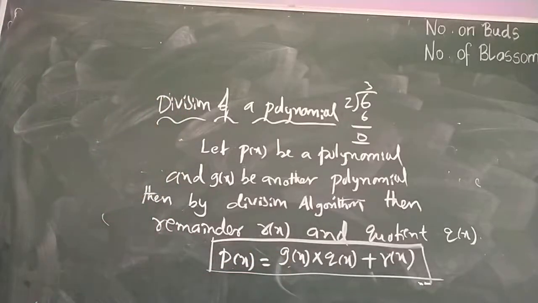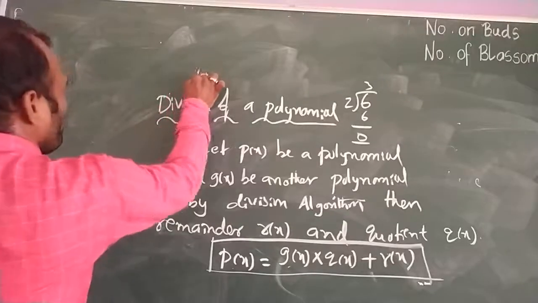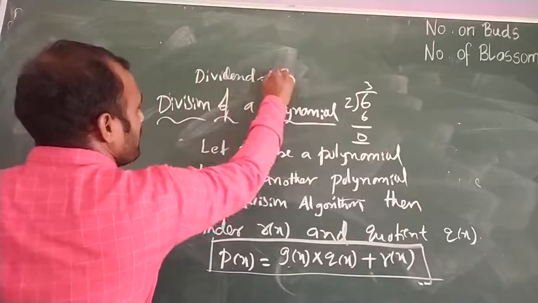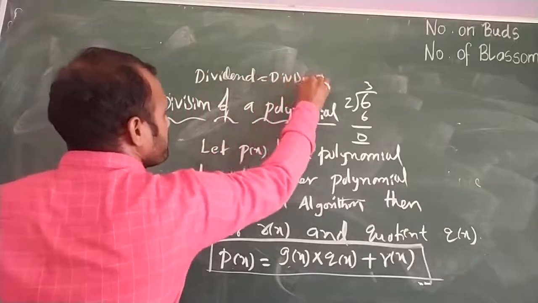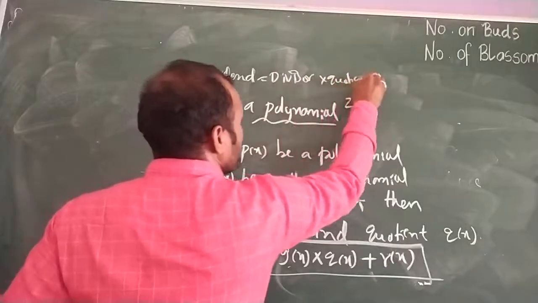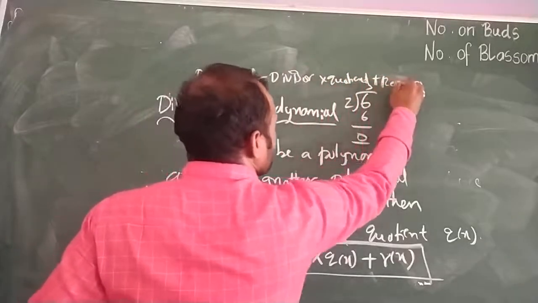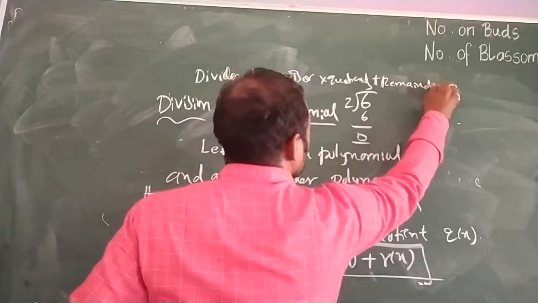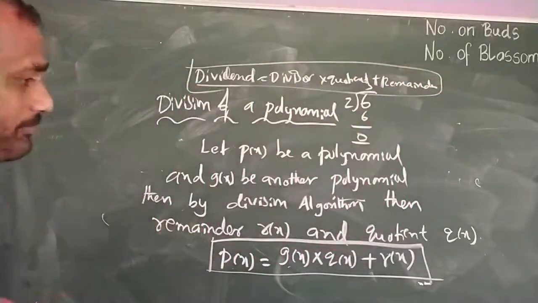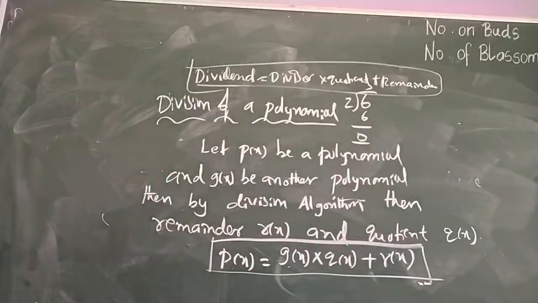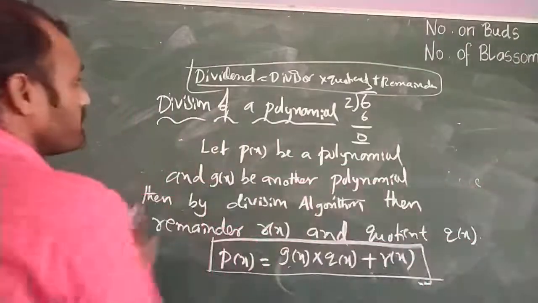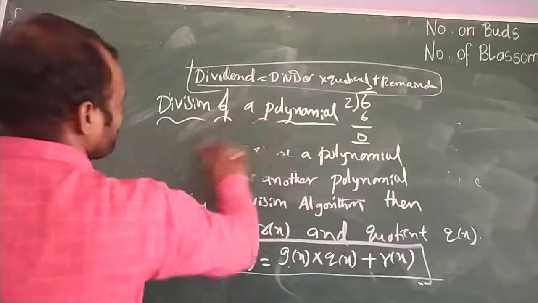The same concept: dividend is equal to divisor into quotient plus remainder. So the same concept we are using with our polynomials. Let us do one example based on this, how to do this division.